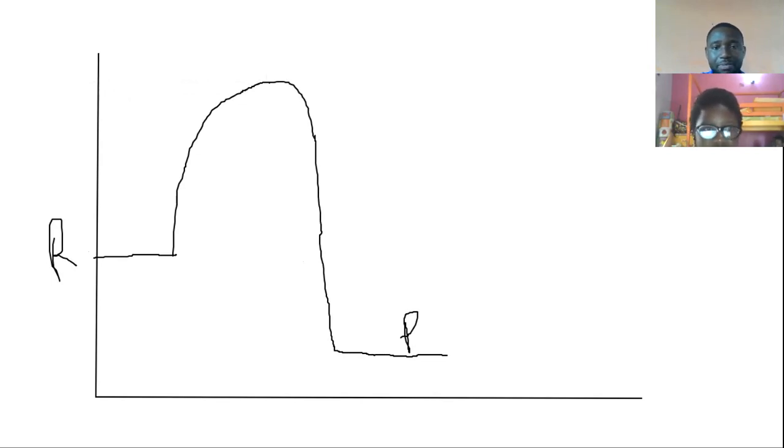Why am I using black only? Come on, make it colorful. Okay.